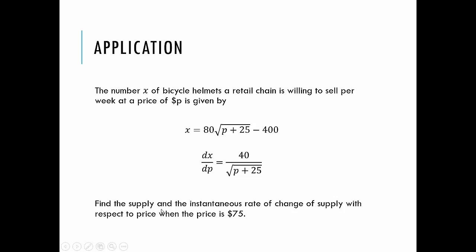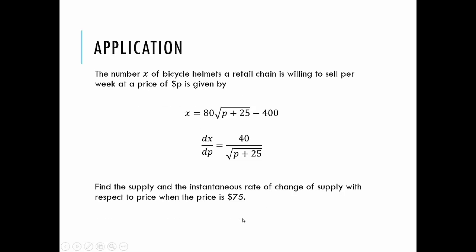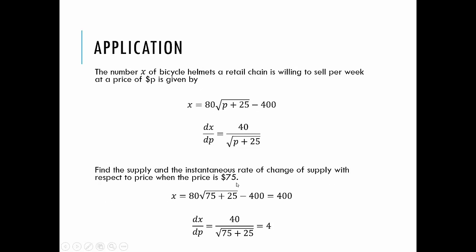It says find the supply and the instantaneous rate of change. That's my derivative of supply with respect to price when the price is $75. So I'm going to plug in 75 for my supply. x is my supply. So I get my supply, 400 bicycle helmets.